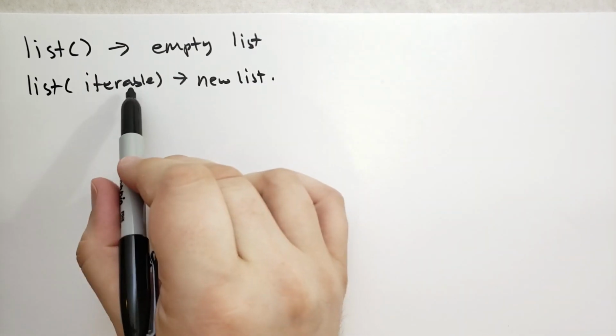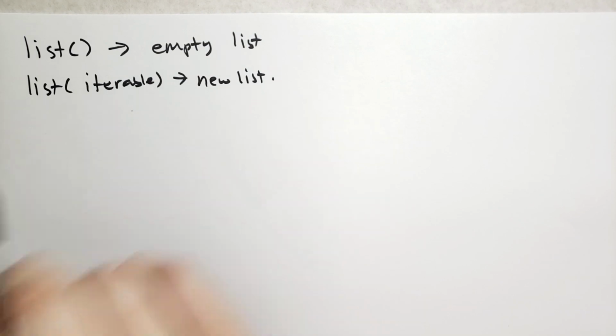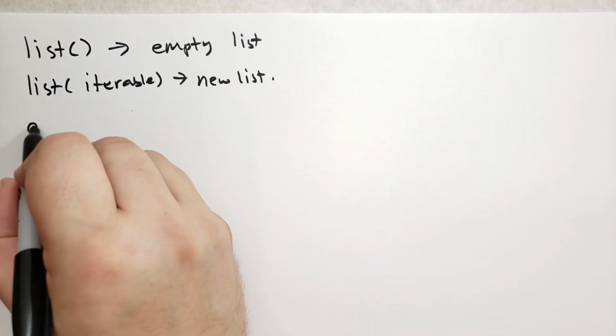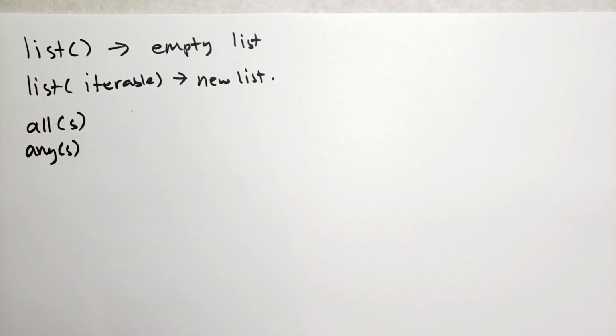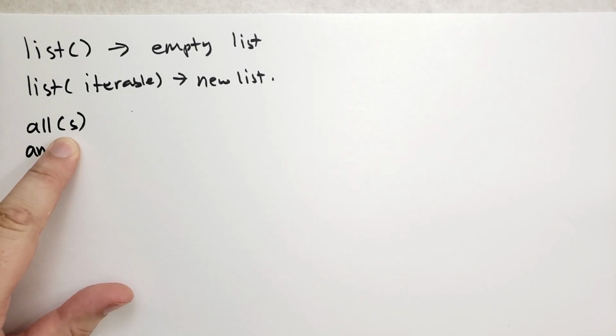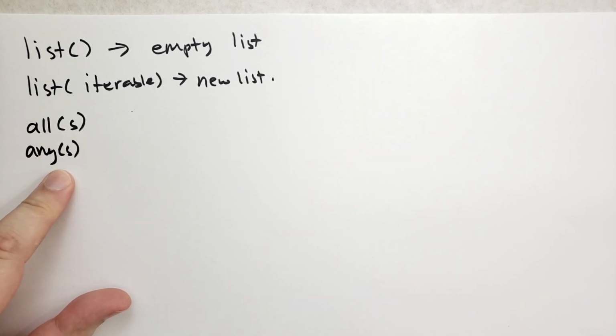If you passed in a list, it would give you a copy. If you just passed in some sequence or some generator, it'll actually try to exhaust all the items of that and create a new list from it. And there are several other functions that work with sequences. They also work with lists. We have all and any. And what these will do is check that every value in the sequence is true, and this one will test if any value in the sequence is true.